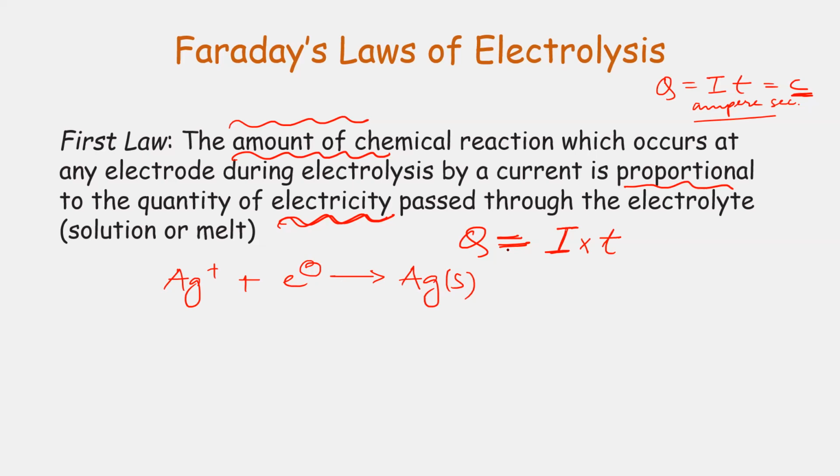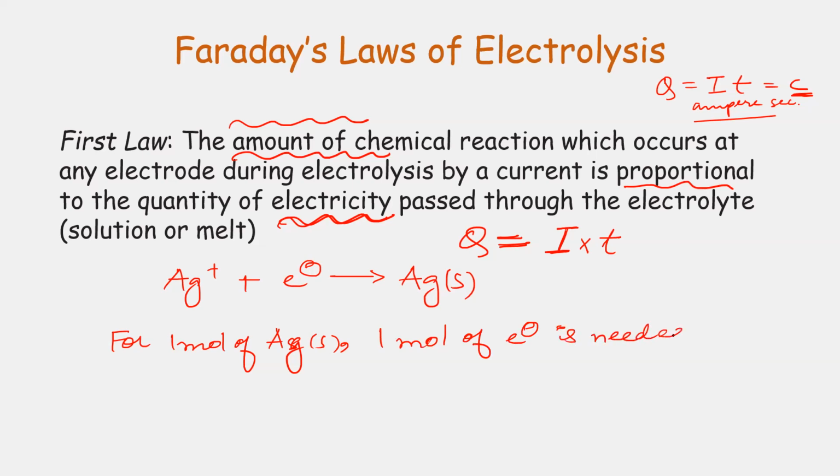From this chemical reaction, from stoichiometry, you will say that for 1 mole of Ag solid, 1 mole of electron is needed. Yes or no? If we have to form 1 mole of Ag solid, we need 1 mole of electrons. If I want to make 1 atom of silver, I need 1 electron. If I need 1 mole of Ag solid, I want how much? 1 mole of electrons. Yes or no?